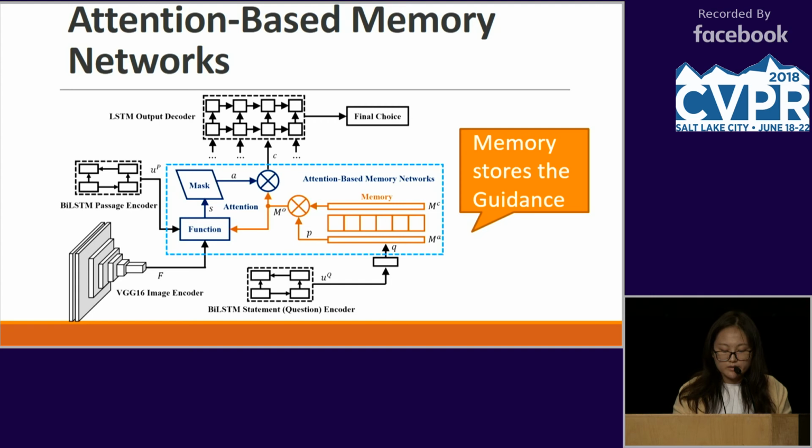We exploit memory to store the guidance, and we use LSTM and CNN respectively to extract essential facts from the input, and use the attention mechanisms to merge the latent features for reasoning. And the reasoning result is fed into the LSTM decoder to obtain the final answer.